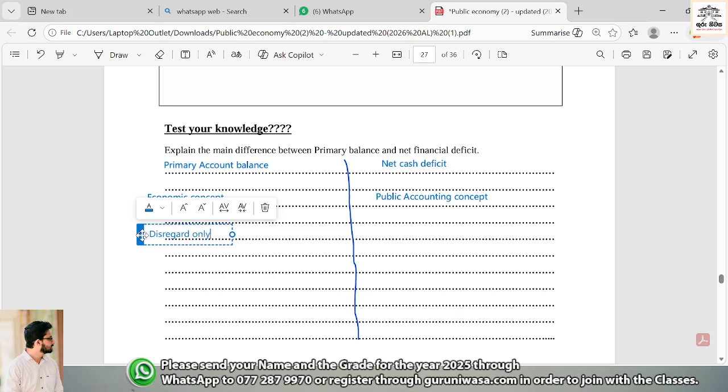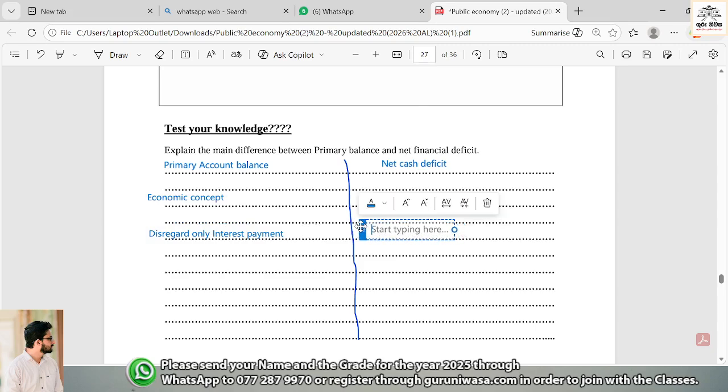When calculating net cash deficit, we disregard both amortization and interest payment.